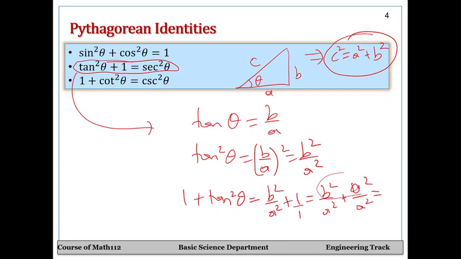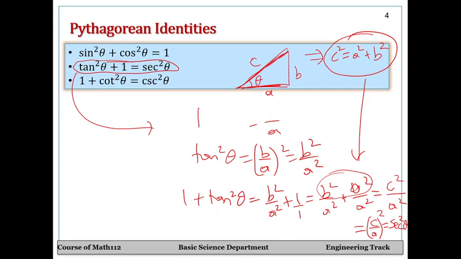Together, again from the Pythagorean, it will be C squared divided by A squared, which is equal to C over A squared. What is C over A? C over A is the secant theta, so it will be secant squared theta.